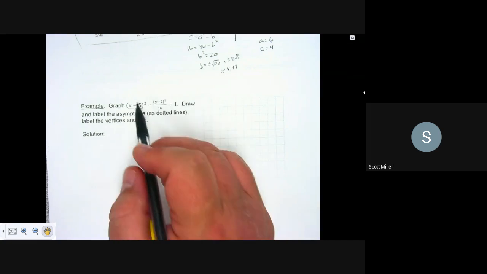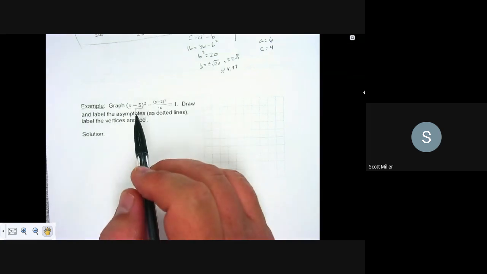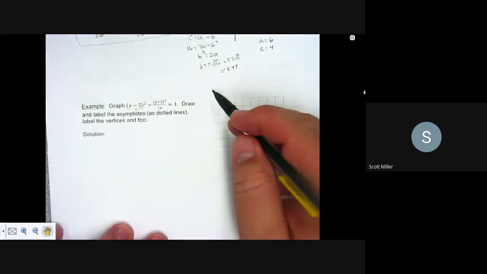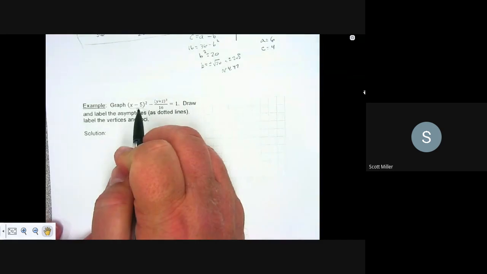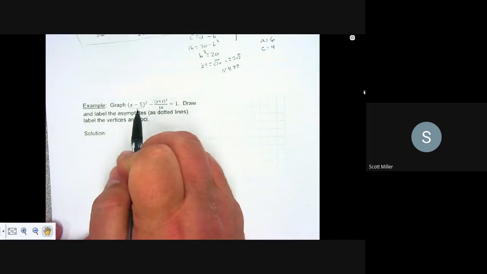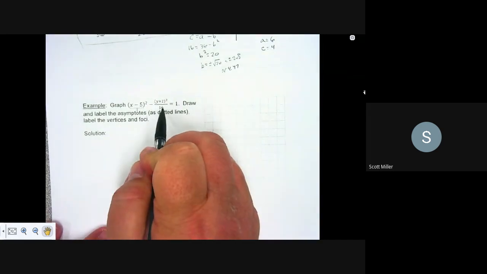Because of that, which one is positive is the orientation. So since x is positive, it is going to go side to side, left and right, is where they're going to open up. That means this number right here is A, and that number is B.